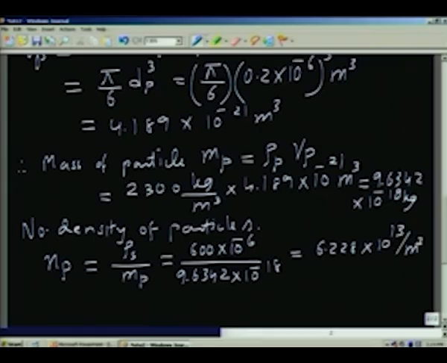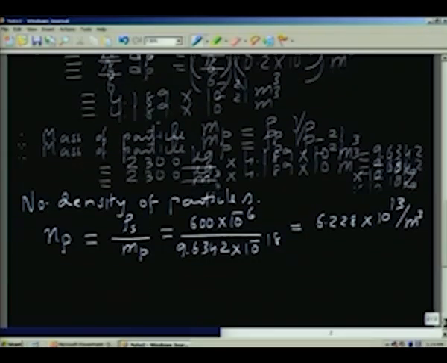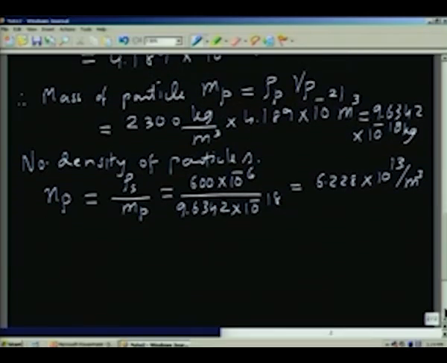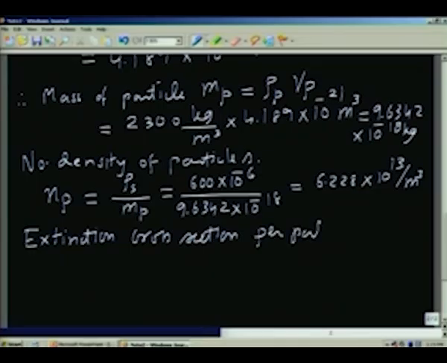So, number of particles per cubic meter is actually a large number like 10 to the power of 13, almost 10 to the power of 14. So, the extension cross section we can calculate now on a per particle basis. It is simply given by sigma, the extension coefficient per particle, which is beta, which is per kg, multiplied by the mass of each particle.